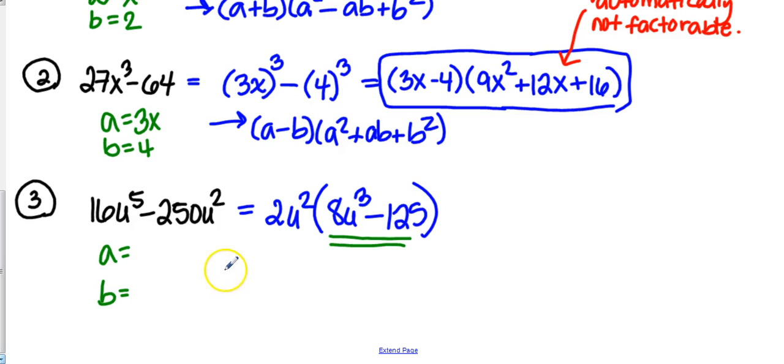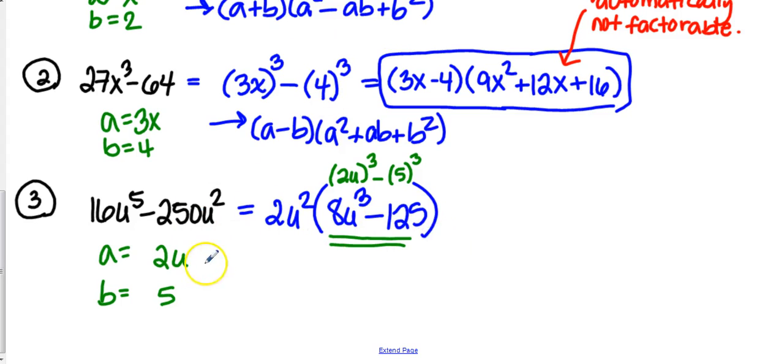So A will be 2u, because 2u all cubed is what that really is, 2u all raised to the third power. So my A value is 2u. And then B is 5, because 5 to the third power is where that 125 comes from.